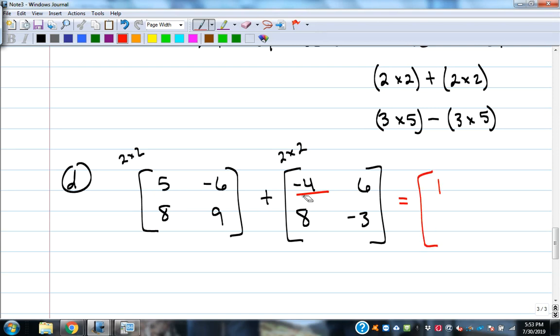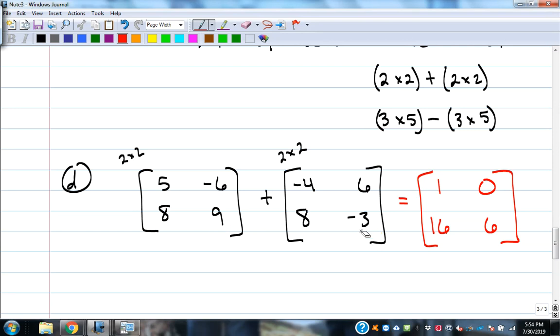And then I go to the next spot. -6 plus 6, 0. Then I go to the next spot. 8 plus 8, 16. Then I go to the next spot. 9 plus -3, 6.